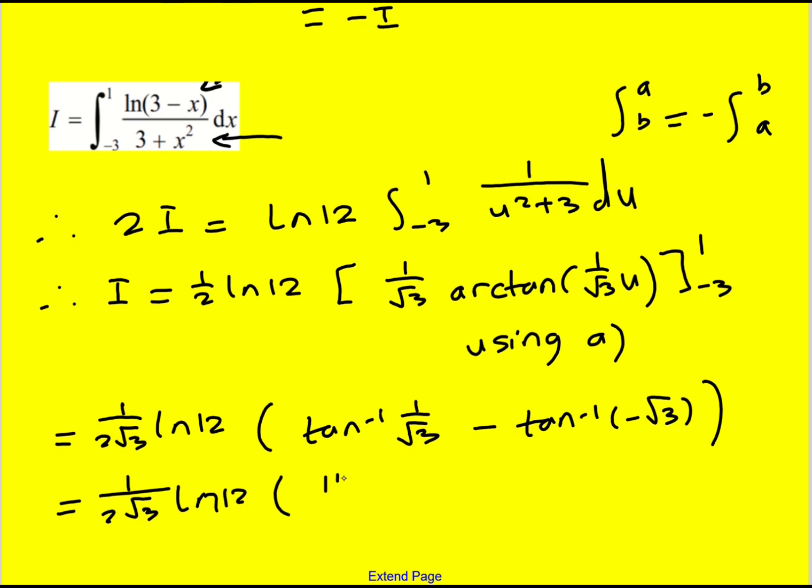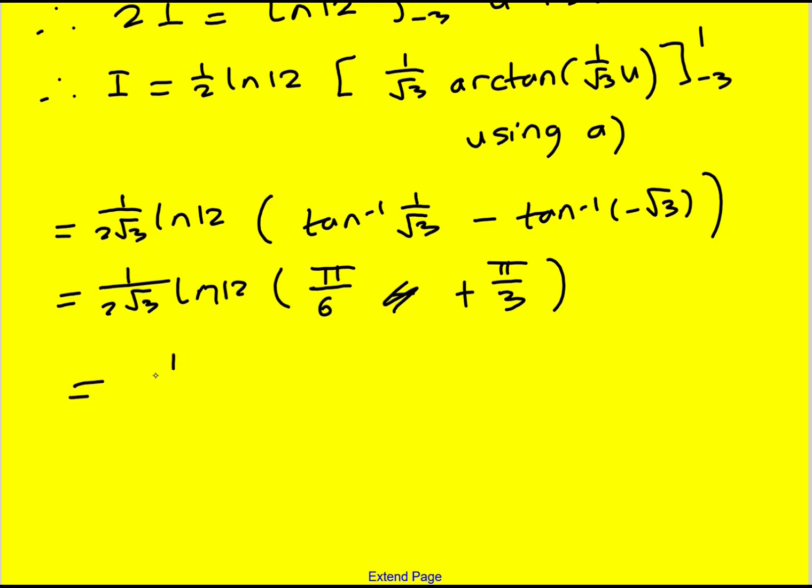Inverse tan of 1 over root 3 is pi over 6. Inverse tan of root 3 is pi over 3, but then it becomes minus pi over 3 here. But then let me do this in stages. So it's going to be minus pi over 3. That's what I'm trying to say, which actually makes it plus.